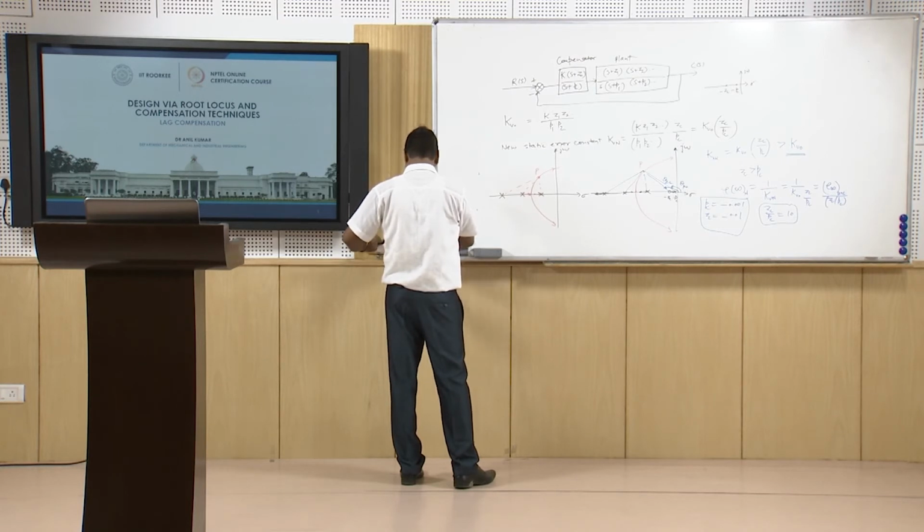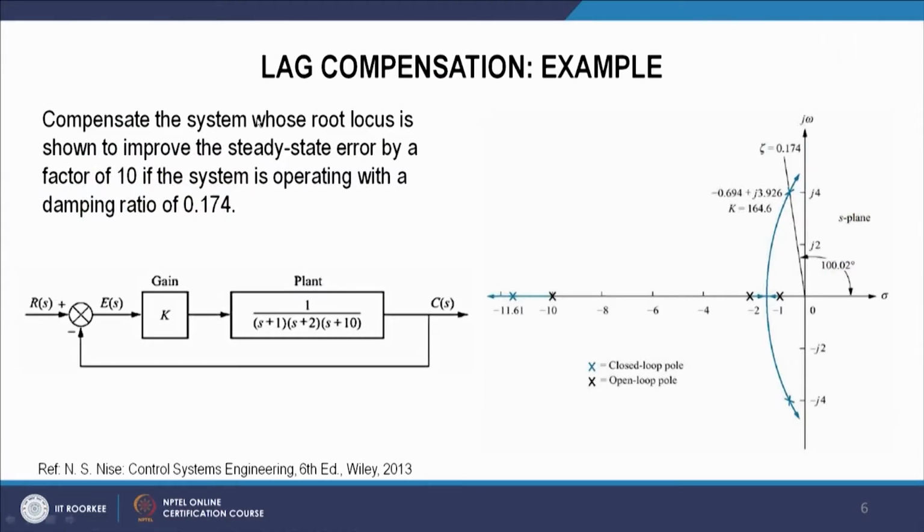Now we will take one example to understand this. So let's take one example. Here we have a system. We have to compensate the system whose root locus is shown to improve the steady state error by a factor of 10 if the system is operating with a damping ratio of 0.174.